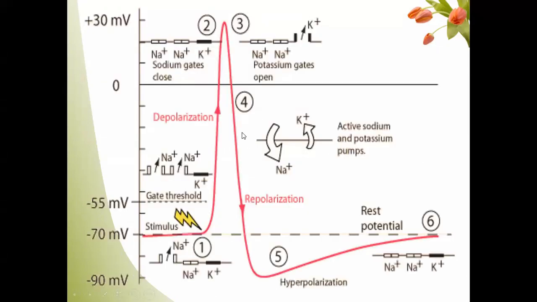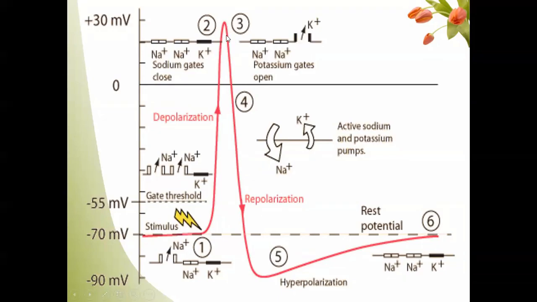So this is the picture of the action potential. Here normally it is the resting potential, that is minus 70 millivolts. When the sodium ion channel is opening, the influx of sodium ions will happen, and when it exceeds the threshold level, depolarization occurs, and here the potassium channels are opening.